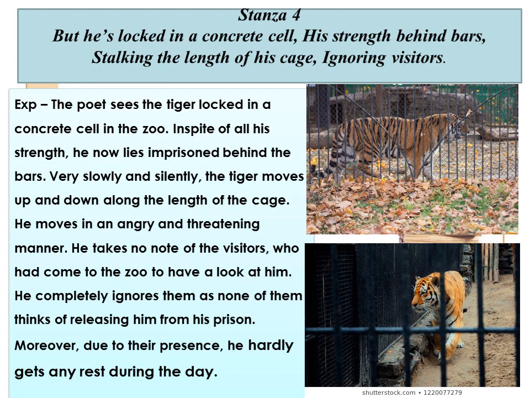There are many people who are coming to see this powerful animal in the zoo. But this tiger is not bothered who is coming and who is watching him. He is ignoring the visitors because he cannot show his power in front of these visitors.